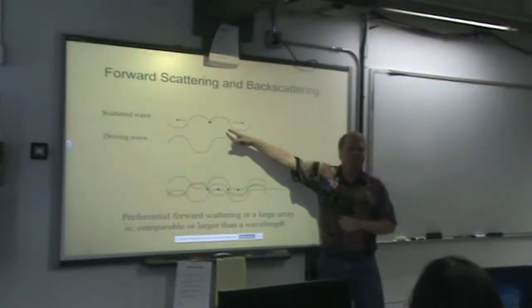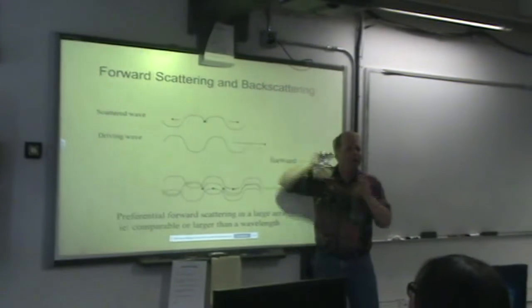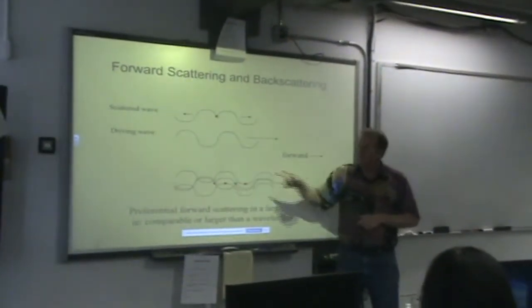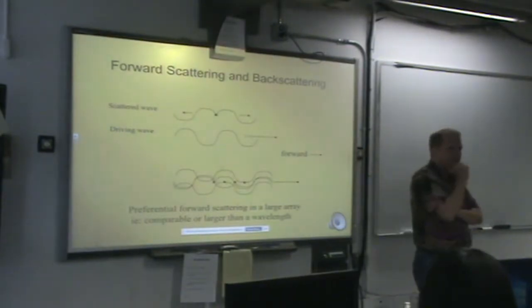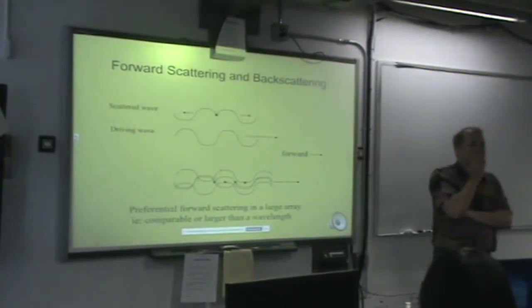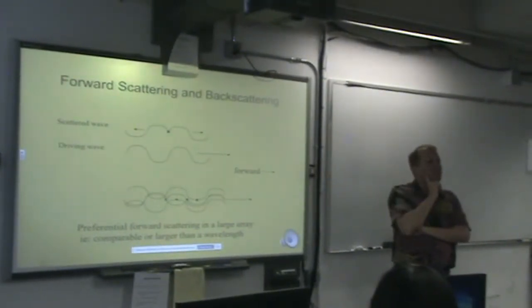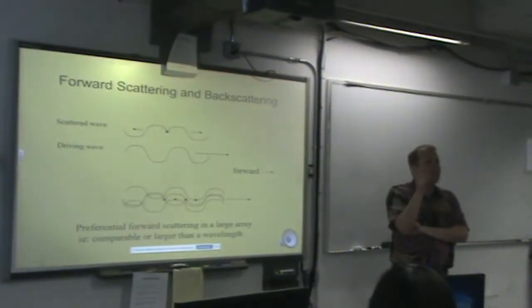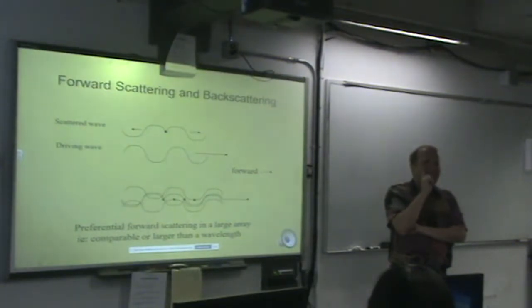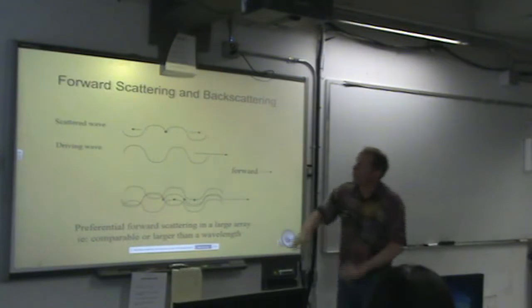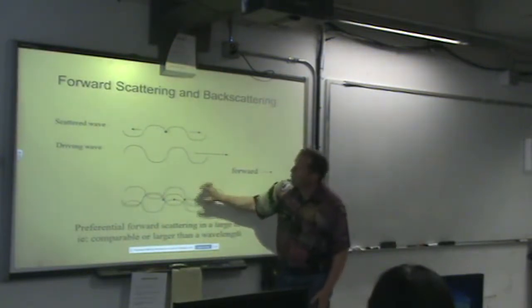You've got this type of situation, where if you have everything nice and organized in a smooth, large particle, you end up with this situation where light goes through. What's the driving wave? Is that the induced wave that we're looking at? That would be like the sunlight coming through the window. And what you see coming out the other side of the window is not the same sunlight. It started these things vibrating up and down.